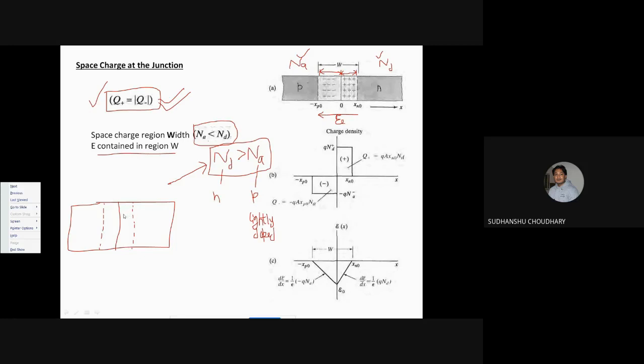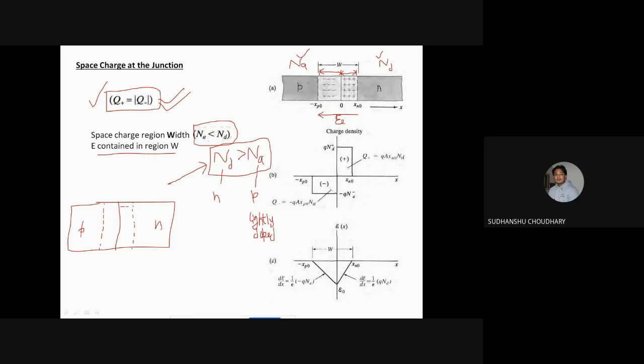Let us say these two penetrations are the same in the p-type and n-type regions. Okay, so obviously that means in this region, because the donor density is more, the donor ion concentration will also be more in this region compared to this.